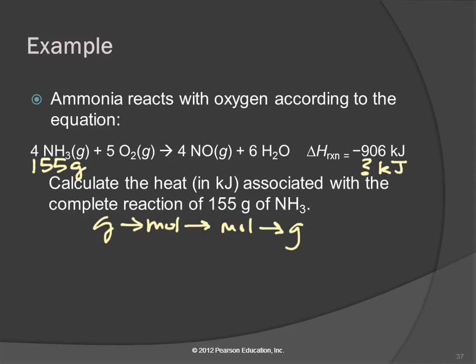So I'm going to just write that in here. So minus 906, and the minus just tells us what direction. It's like if you're balancing the books, keeping track in your checking account. A minus means that it went out, a plus means that it came in. That's all it is. That is equivalent to 4 moles of ammonia.